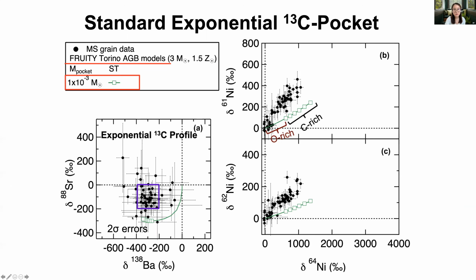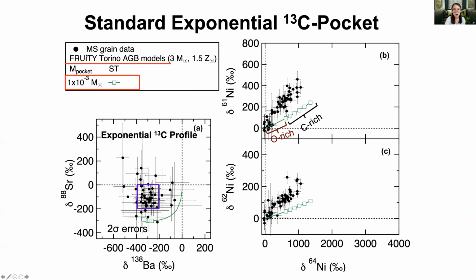We can see the carbon-13 pocket adopted here has an exponential mixing profile with a mixing depth of 1×10⁻³ solar mass and a standard mass fraction.